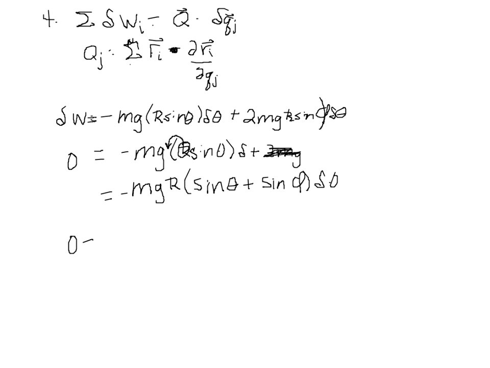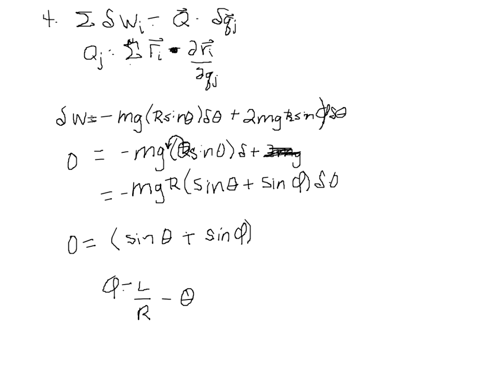And I'm going to commit my dirty trick like I promised. And I'm going to get this sine theta, come on, plus sine phi. And now we're going to recall what phi is. Because we've identified phi earlier. We know that phi is equal to L over R minus theta.